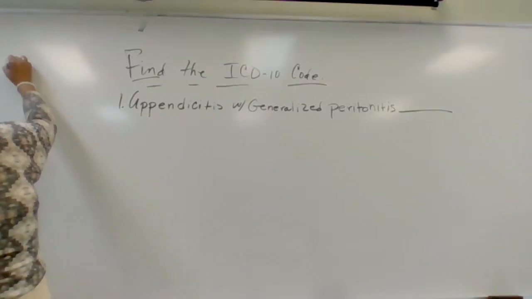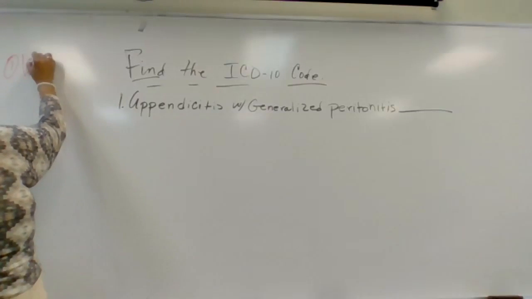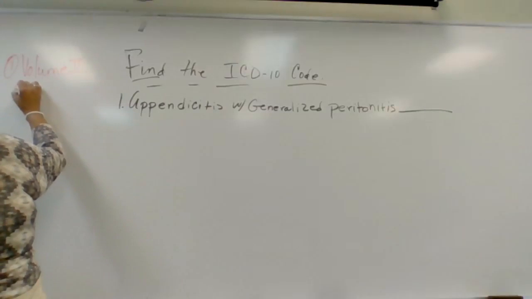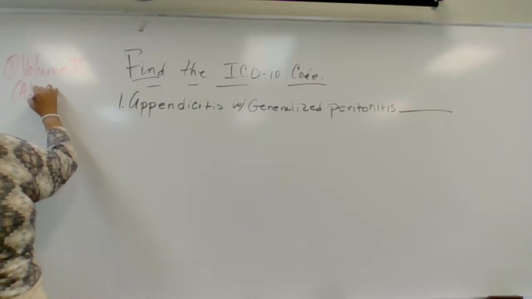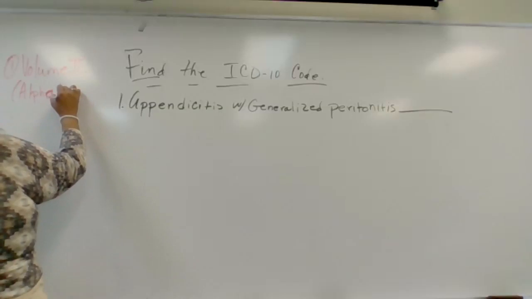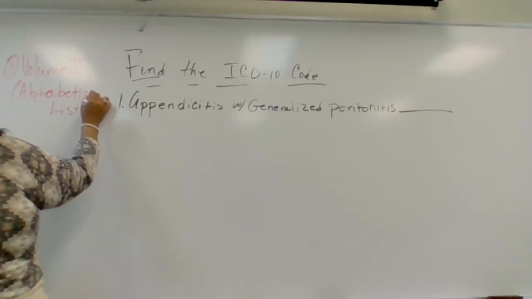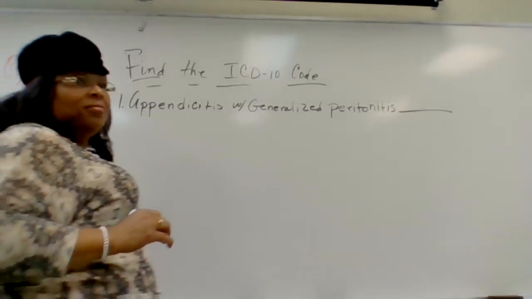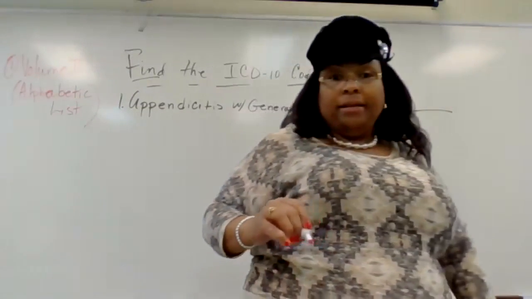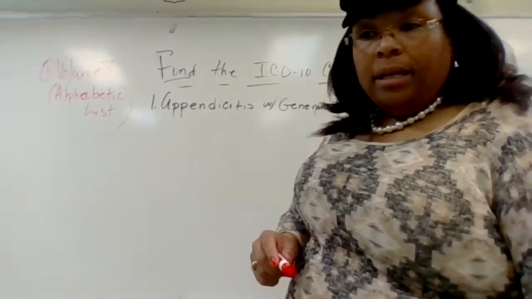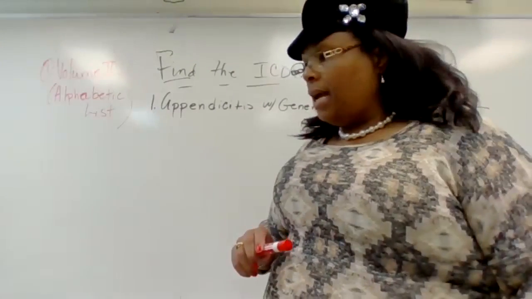Volume 2. So we have to go to Volume 2. What's another name for Volume 2? The alphabetic list. Okay. So we have to look in the alphabetic list. So let's look for appendicitis.